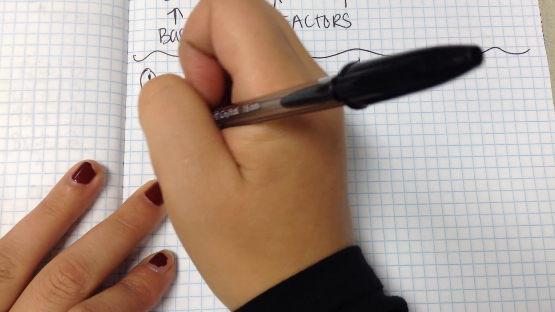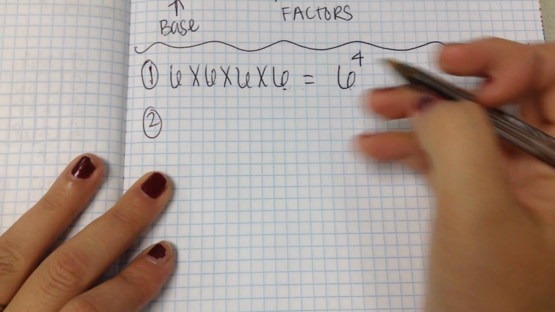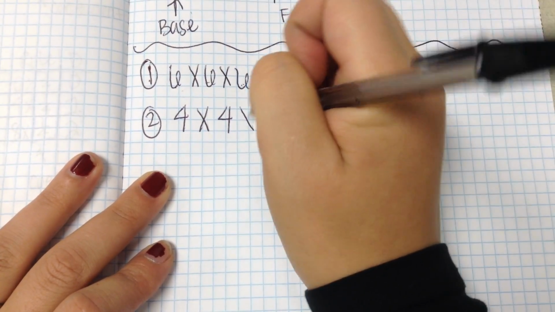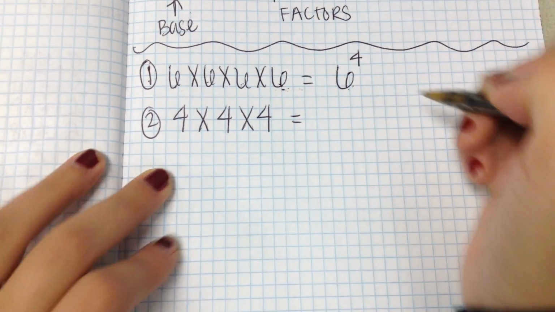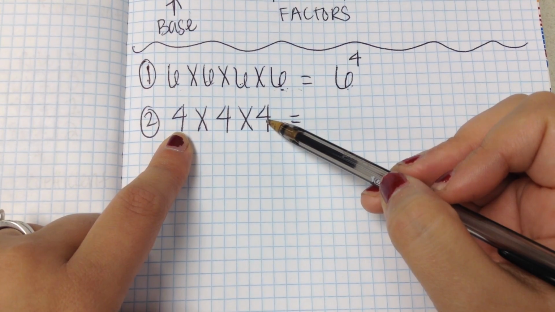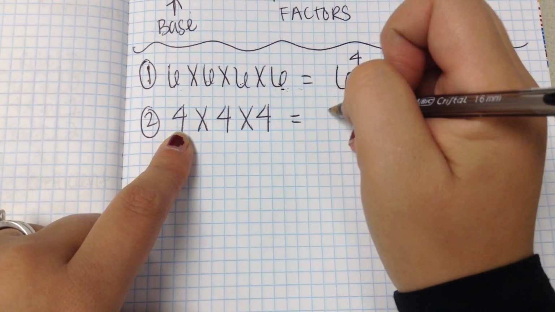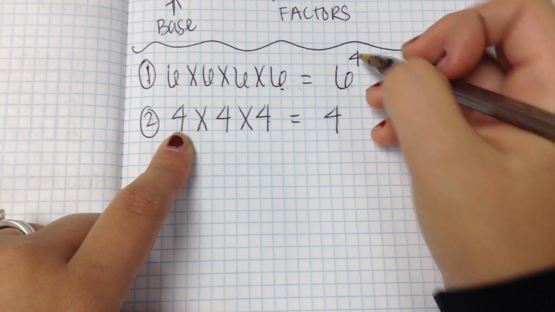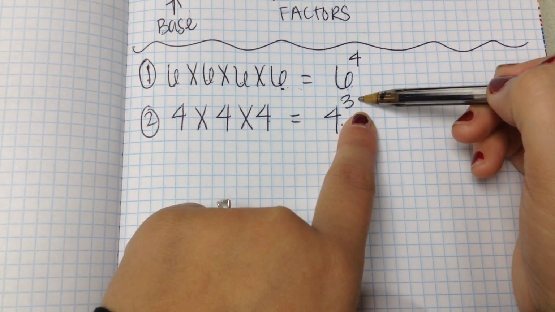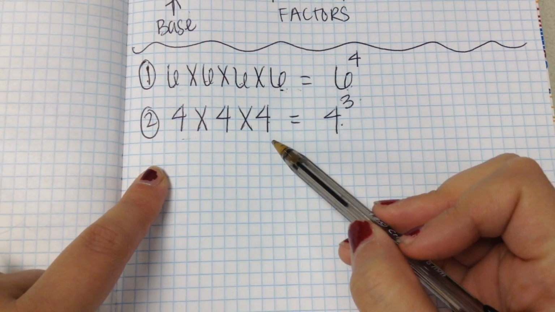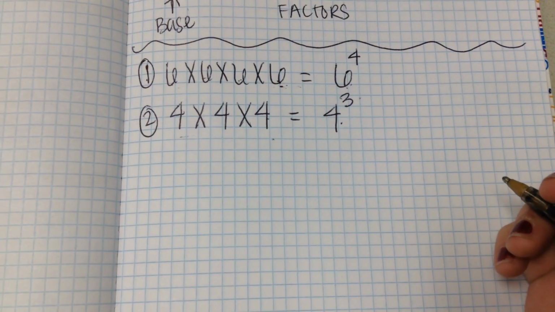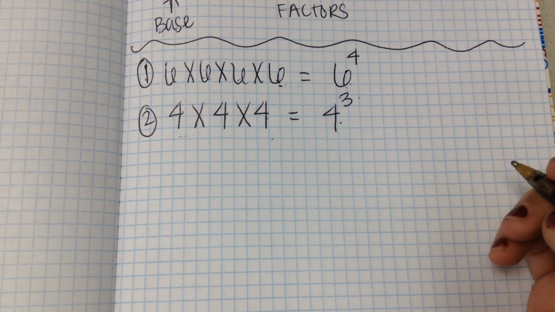Okay, let's do another example. If I have 4 times 4 times 4, again, I have 3 factors. The base is 4, and I'm multiplying it 3 times. So 4 is the base, and 3 would be the exponent because I'm multiplying it 3 times. Okay. Now we're going to go backwards this time.